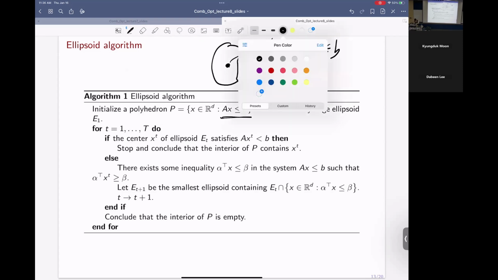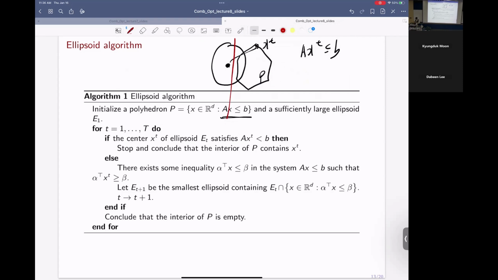You draw a separating hyperplane, and you find another ellipsoid that is under this separating hyperplane. You compute its center point, and this is x_{t+1}. If this belongs to the polyhedron, then you're good. If not, you again draw a separating hyperplane and draw another ellipsoid. You repeat this procedure. So this is the ellipsoid algorithm.